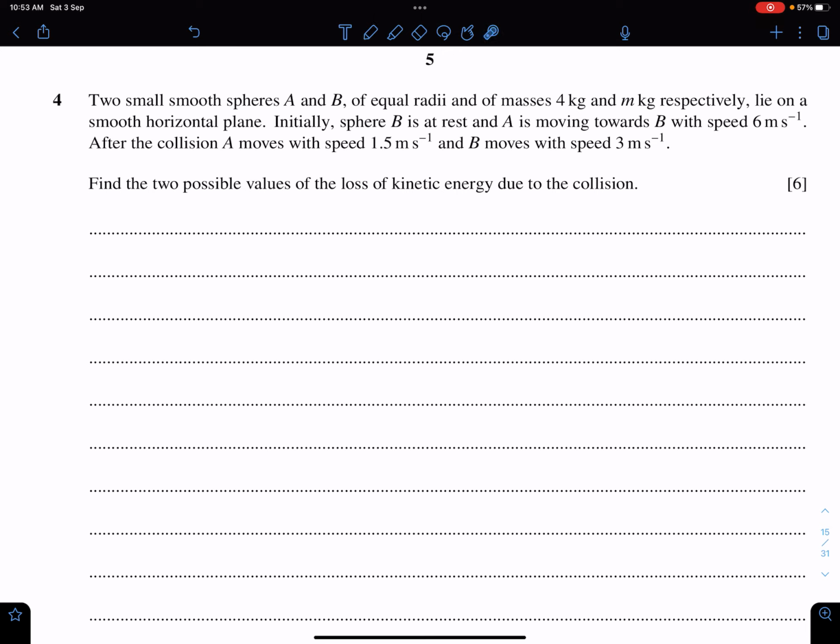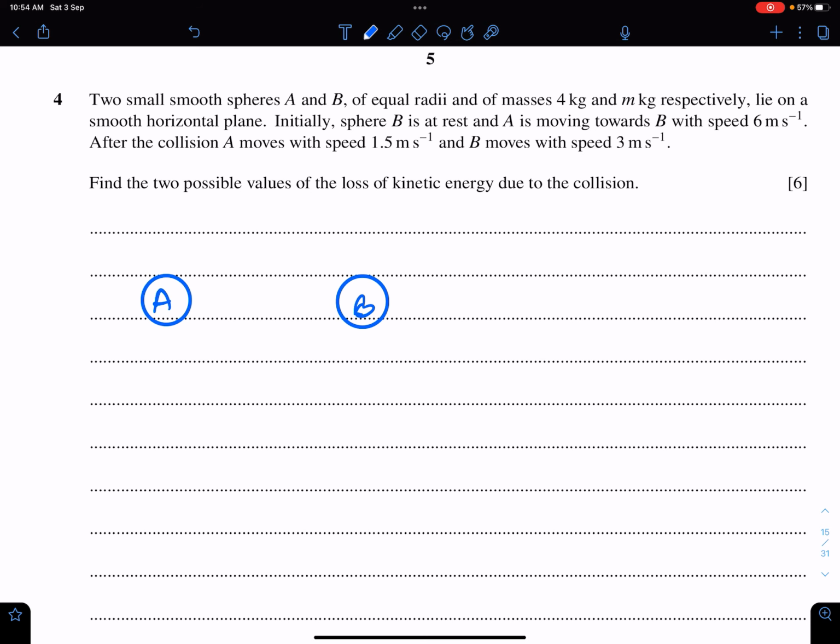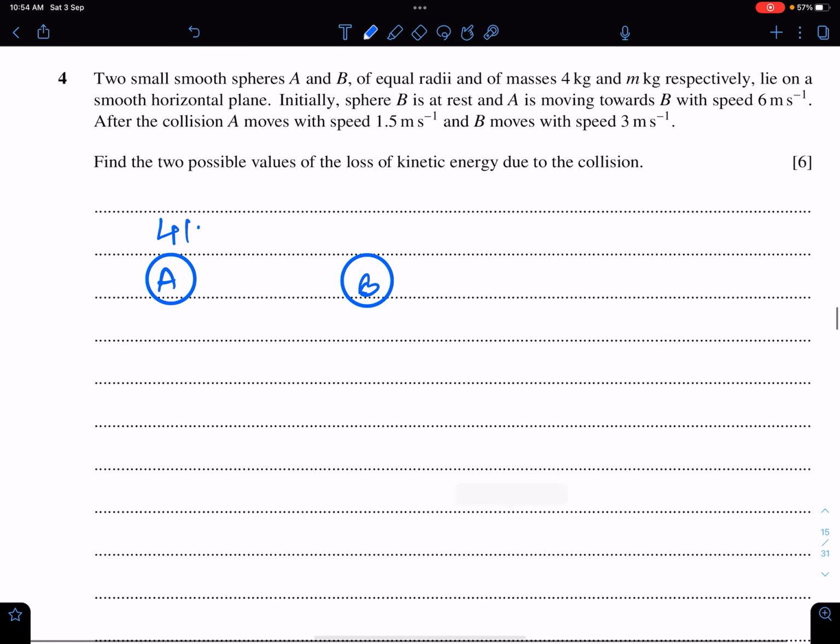Two small smooth spheres, A and B, of equal radii and masses 4 kg and m kg respectively, lie on a smooth horizontal plane. So this is sphere A and this is sphere B, and their masses are 4 kg and m kg respectively.